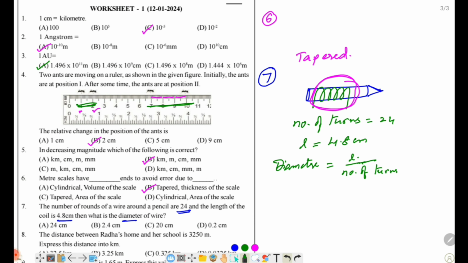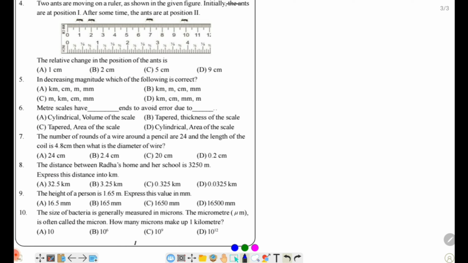Which is equal to 4.8 centimeter divided by 24, which is 0.2 centimeters, right? So the answer is D. Did you get the same answer? Let me know in the comment section. So let us discuss question number 8 now.